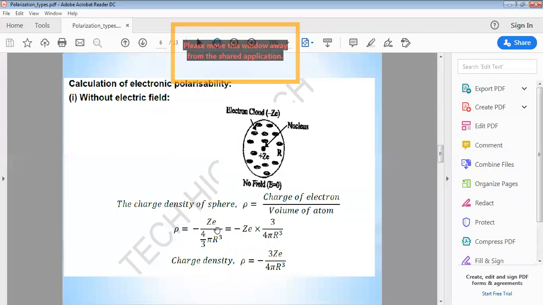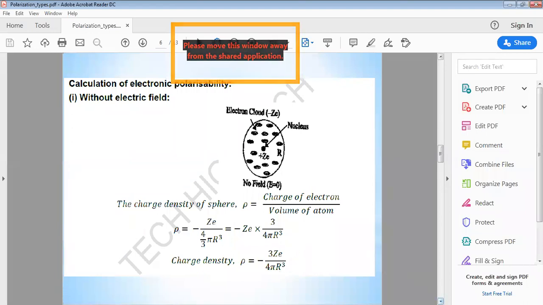When I simplify this, the minus indicates the charge of the electron, which is negative. So the charge density is minus 3Ze by 4 pi r cube. This is the charge density of the atom before applying the electric field.